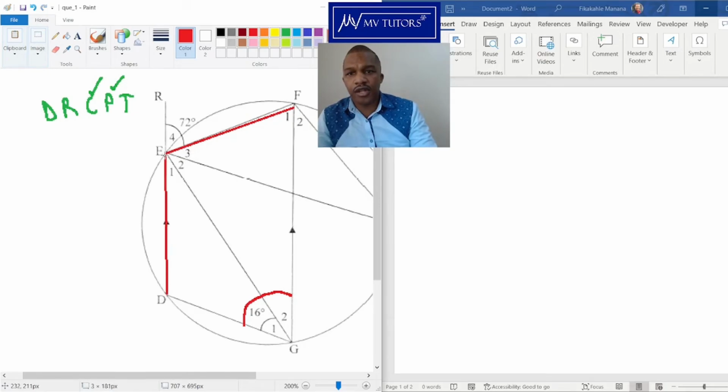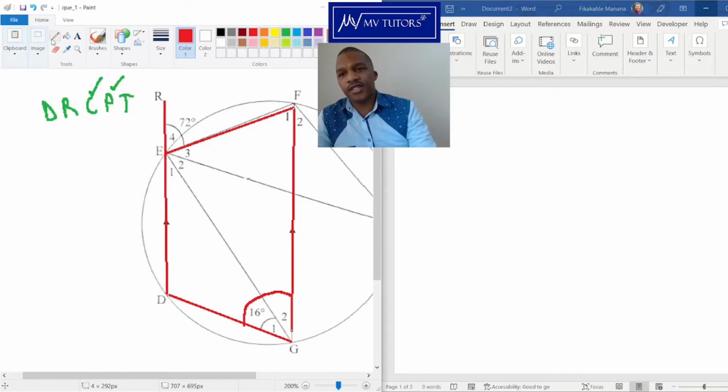I'm gonna draw it like that. There's an external line there, cyclic quad. So there's our cyclic quad, and then what I was saying is that the outside angle or the external angle is equals to the internal opposite.